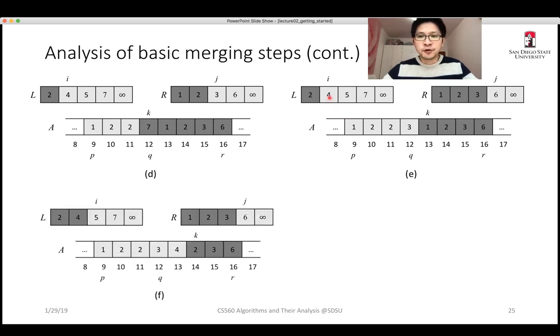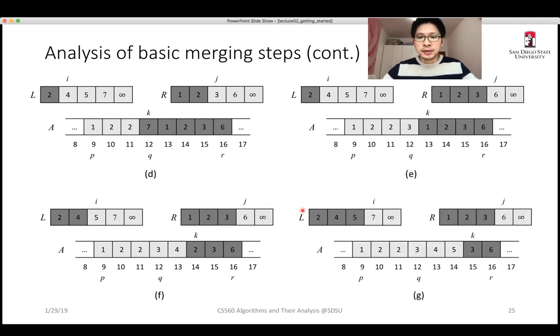So after copying 4 back to the position where k is, we increment I by 1. And so on and on until, maybe at the next page, we copy the smaller one in R, after copying 6 back to k, then we increment J by 1, and then we'll reach the sentinel element in R, which is infinity, and infinity is larger than any number.